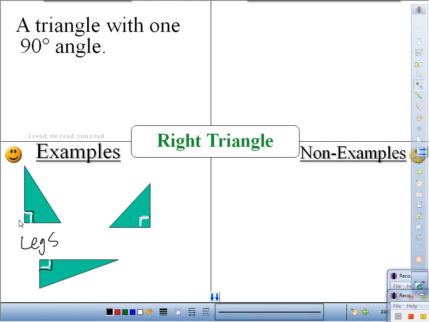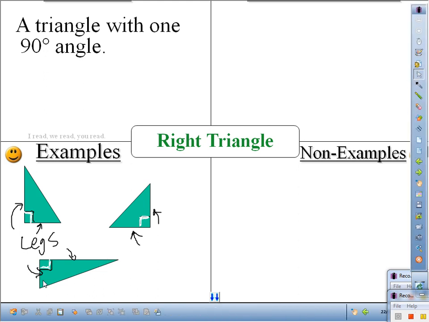So that means this one and this one are legs, this one and this one are legs, this one and this one are legs. All right. So those are legs, which leaves us with one side that is not labeled.